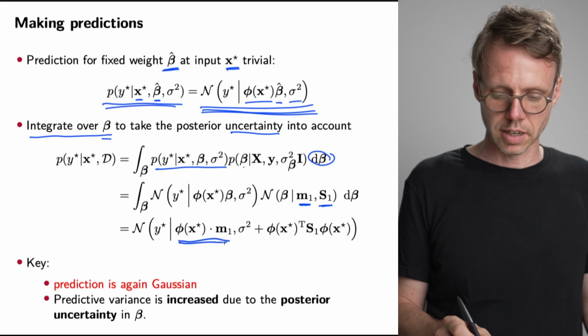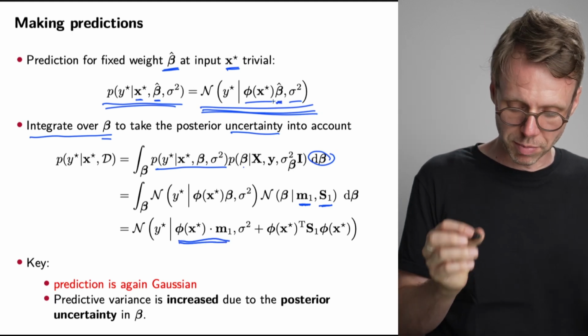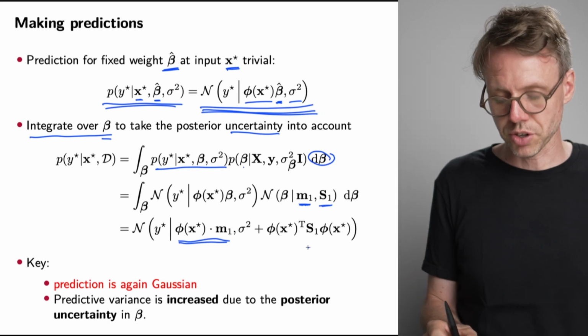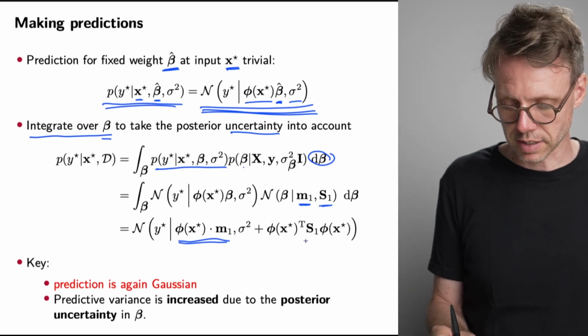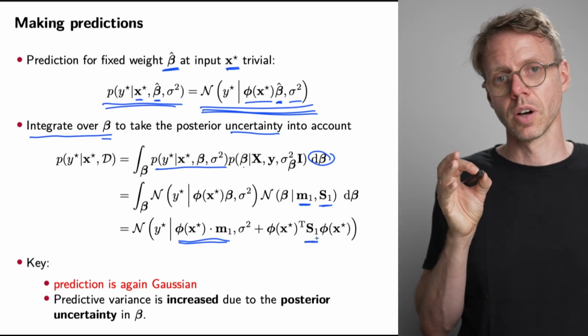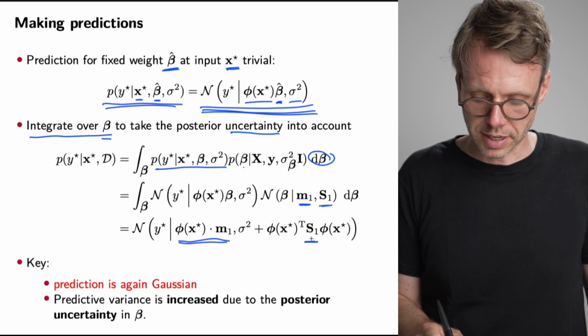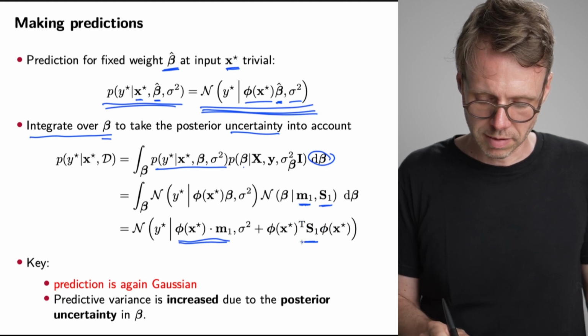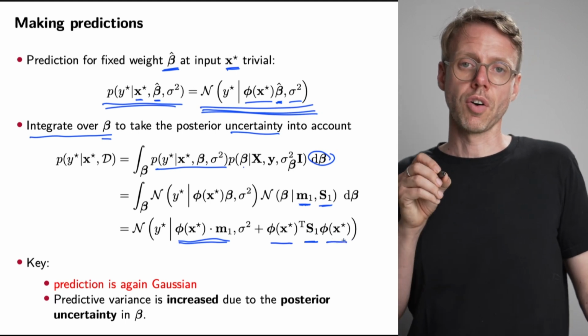So that you can think of as our prediction. It's the mean of our prediction, but that prediction also has a variance, and that variance depends on the posterior variance, but in a squared form with phi of x star.